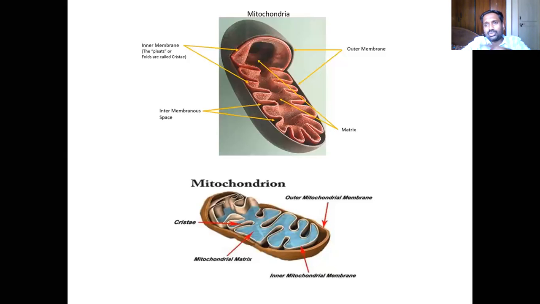The difference between these two things we are going to study later. But as of now, the mitochondria is an essential part of the cells of aerobic organisms. And based on the energy requirement of the cells, the number of mitochondria also varies.